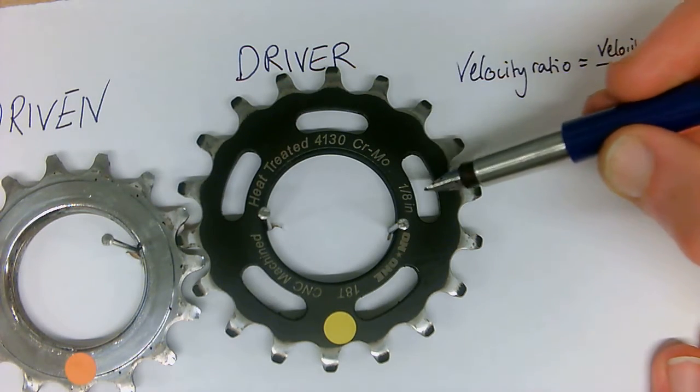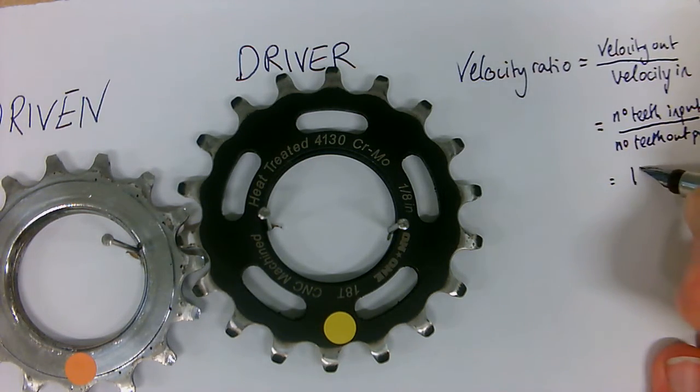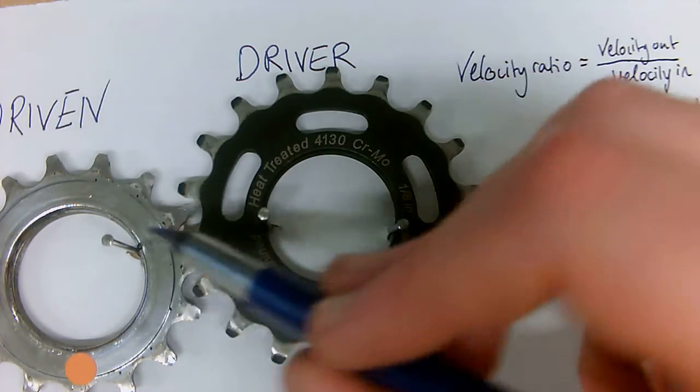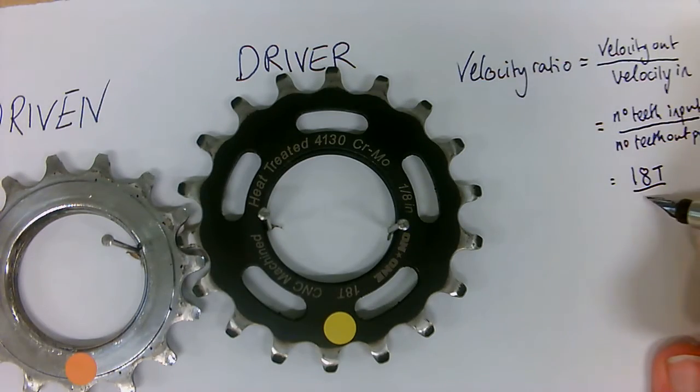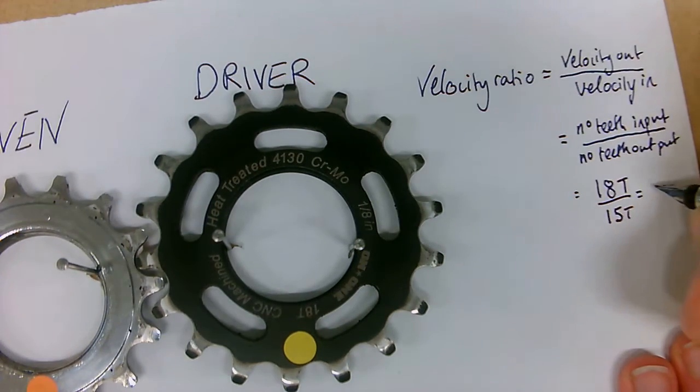The number of teeth on this large gear we've used for our input here is 18. So 18 teeth. The number of teeth on this small gear is 15, which gives us a ratio of 6/5 or 1.2.